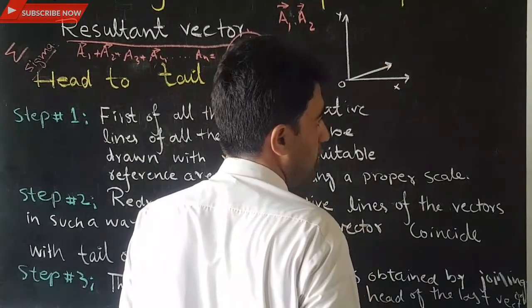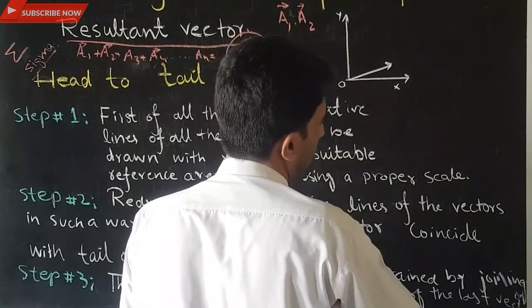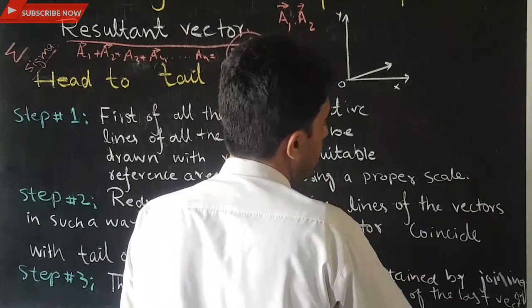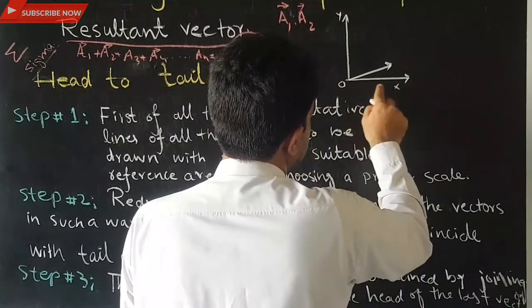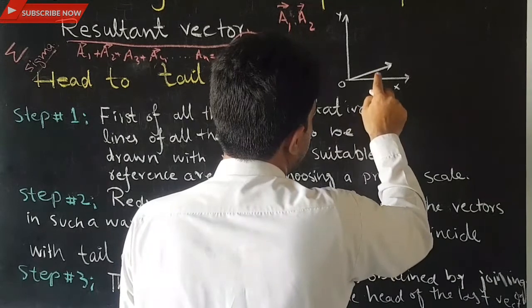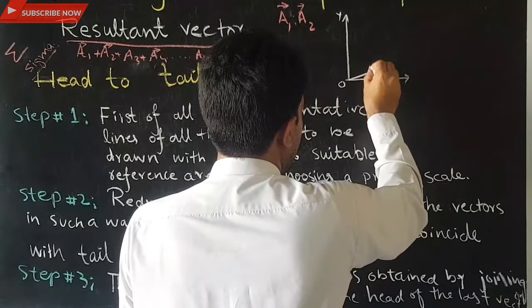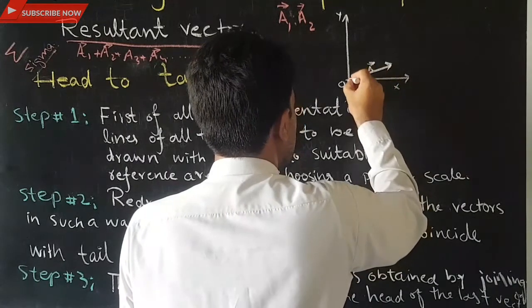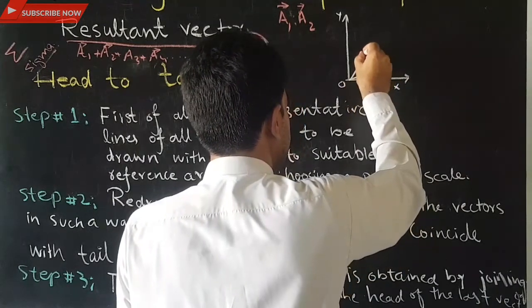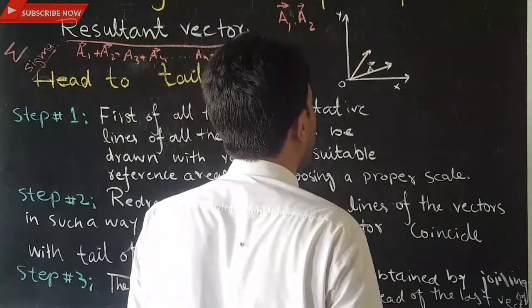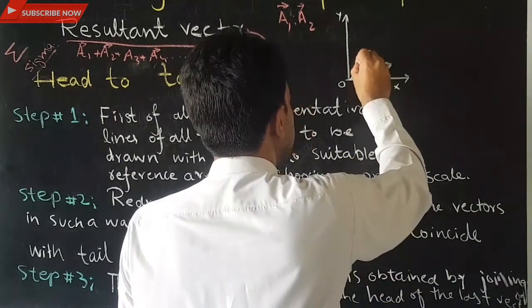I have taken the reference axis as this x-axis, and it makes a certain angle with the x-axis. This is vector A, and the other is vector B, which is in this direction. This is vector B.